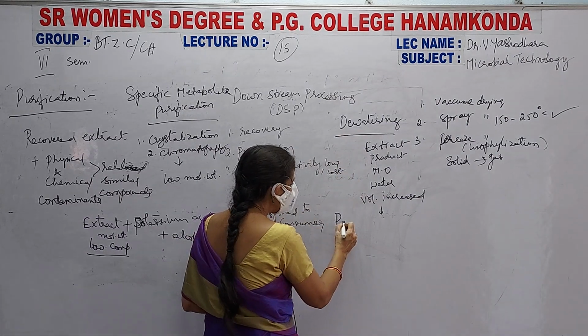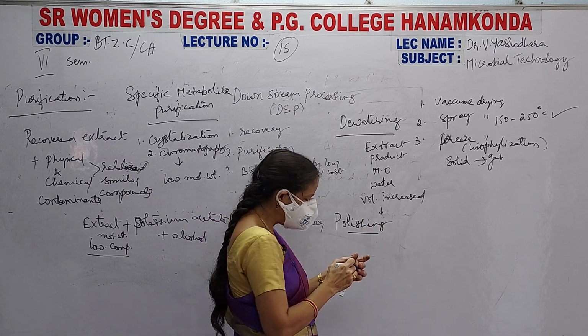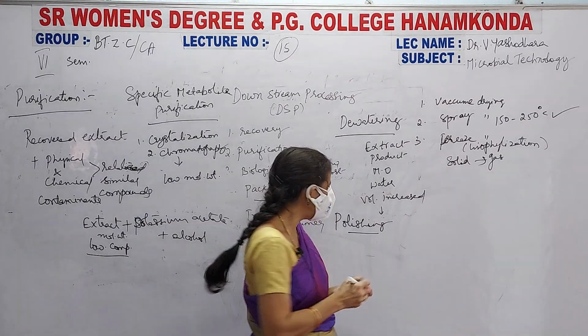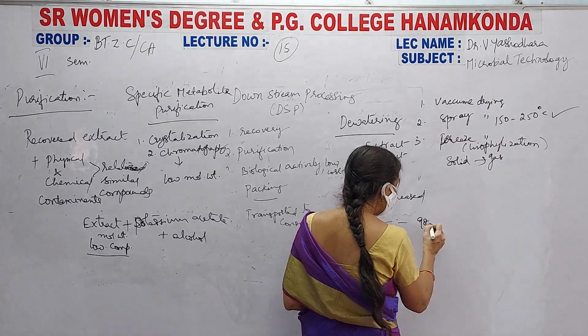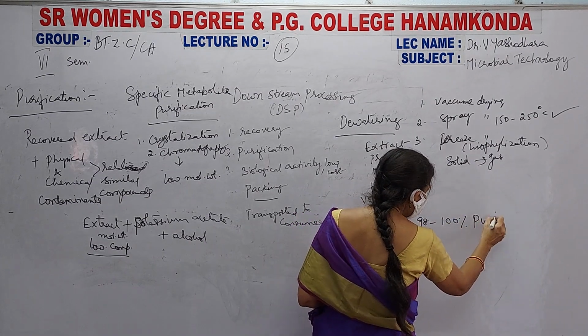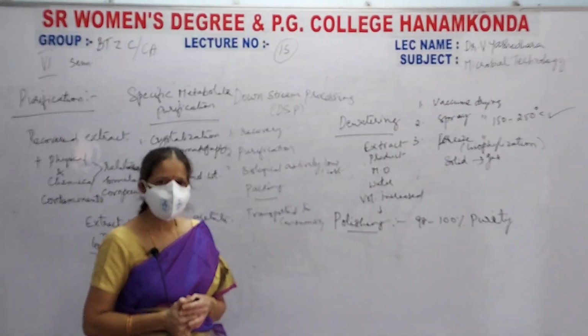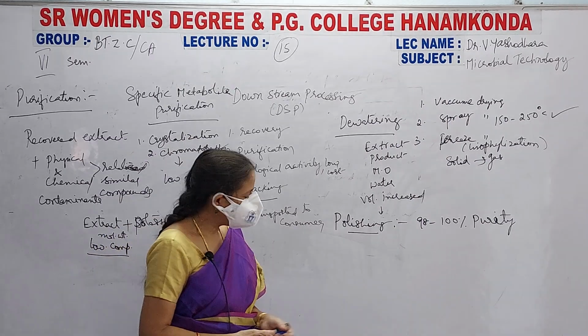Next, the last step is polishing. What is polishing? Extra purification of your compound, that is 98 to 100% purity. That 98 to 100% purity of the product can be maintained with the help of polishing.